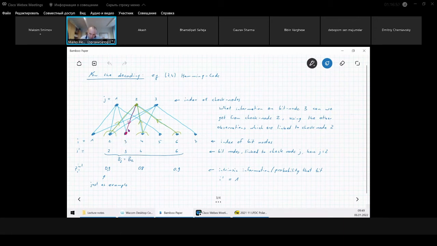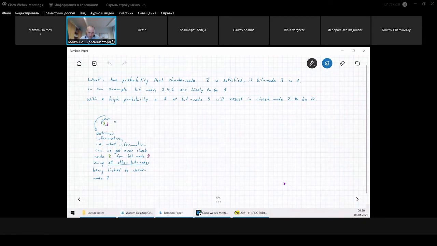And I get this extrinsic information from these observations, from these probabilities for our observations. I can extract information on my desired bit. Okay, so this is what we want to know. So what's the probability that the sum of these 3 green guys turns out to be 1?